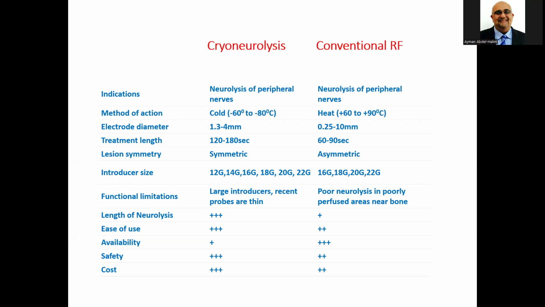The lesion is symmetrical in the cryoneurolysis. The conventional is elliptical. And the introducer size, as you can see, starts from 12. We're not using this anymore, but in the old days we used to have this 12 and 14 gauge. I remember I used to do intercostal blocks with it.